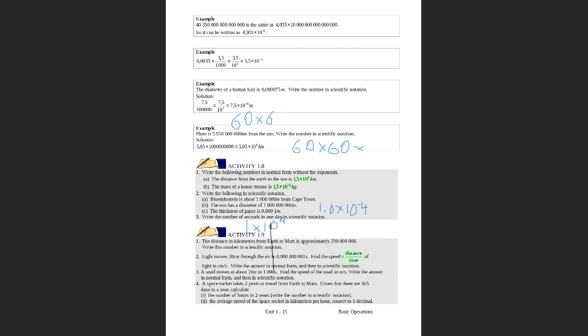That means that there is 3,600 seconds in an hour. And there is 24 hours in a day. So we are going to have 60 times 60 times 24, which is going to give us, let me use my calculator here.